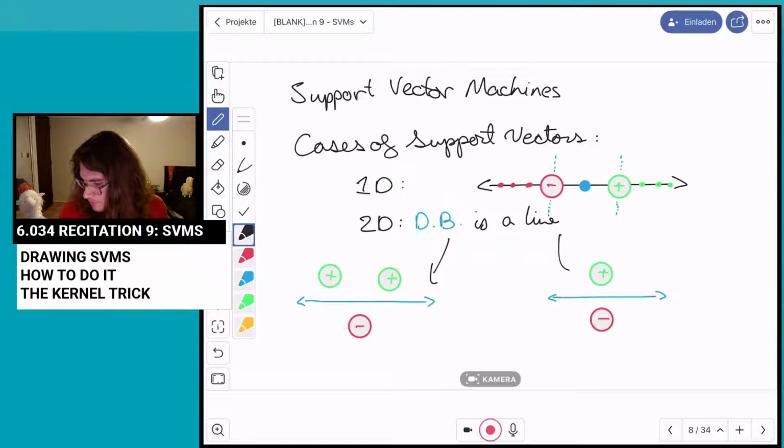Hence, both these lines, and in 6034 at the very least, in the simplifying assumptions, there are 2 to 3 support vectors max.